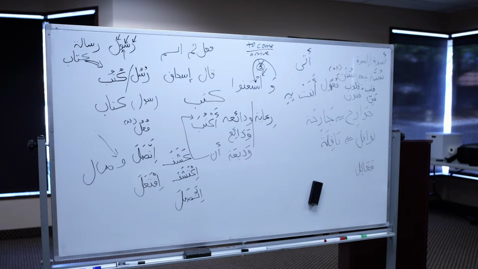Qalb is the heart. قلوب, right? إلى قلوبهم. Ila qulubihim. Fahmi, فهم. Fahm is what? Understand? Yep. Fahm. Deen. Deen Allah.